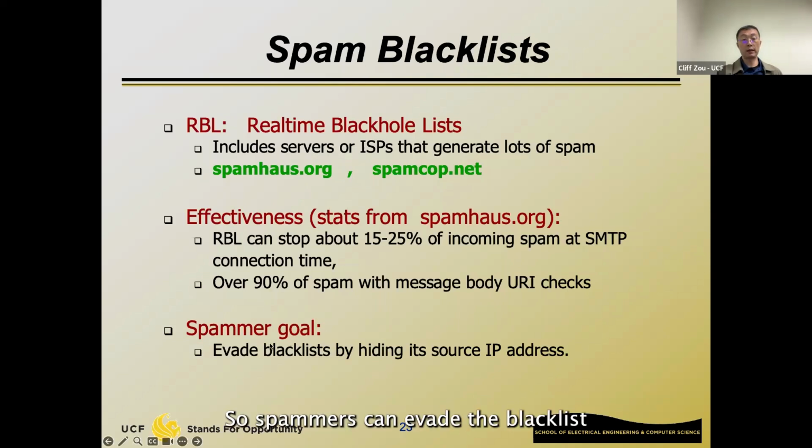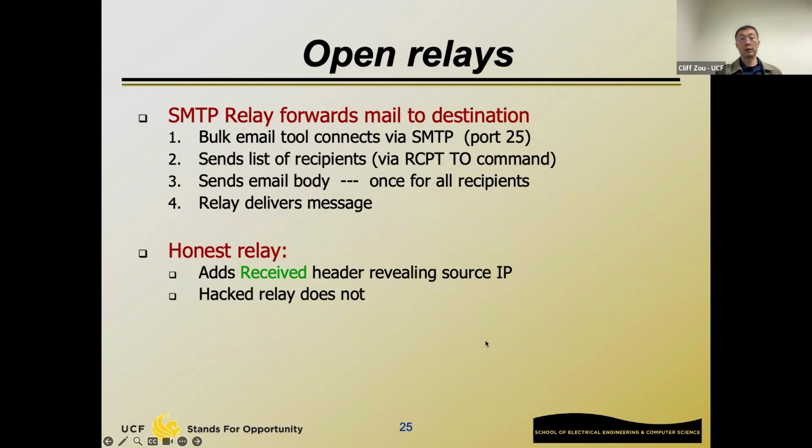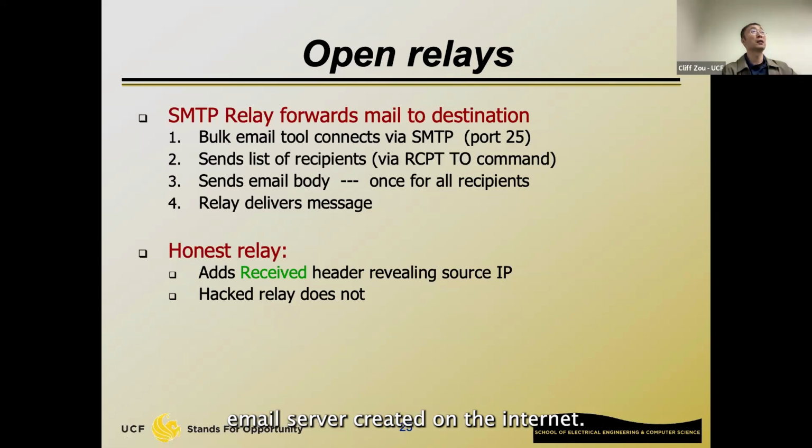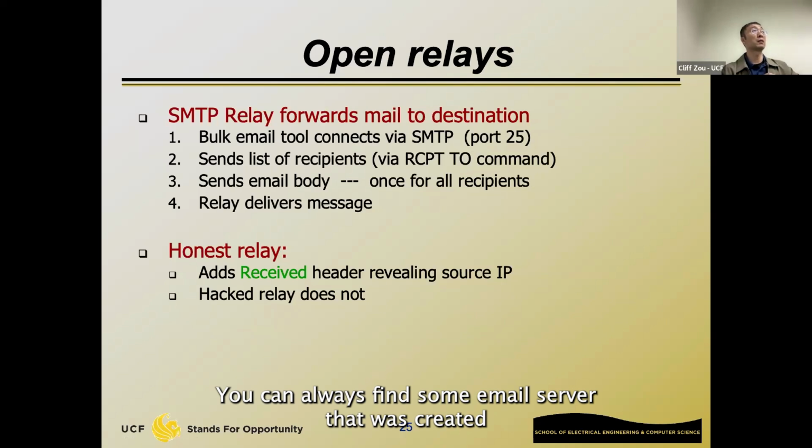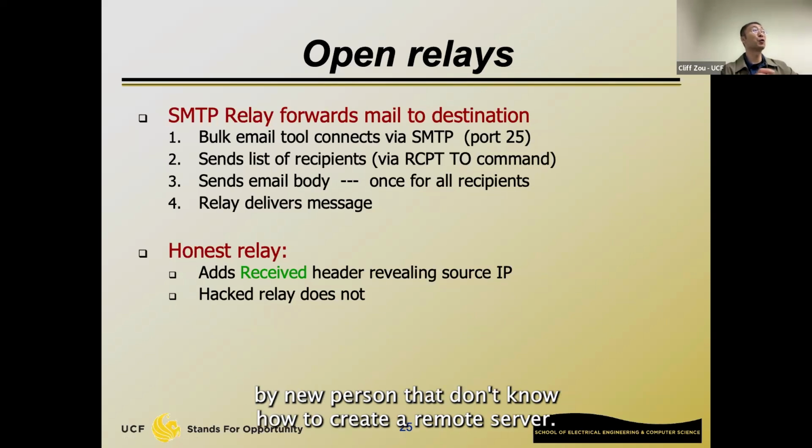So spammers can evade the blacklist by hiding their source IP address. So what are the spammers' techniques? They can use any relay they can find on the internet. Open relay. Because there are tens of thousands of email servers created on the internet, you can always find some email server that was created by a new person who doesn't know how to create an email server.